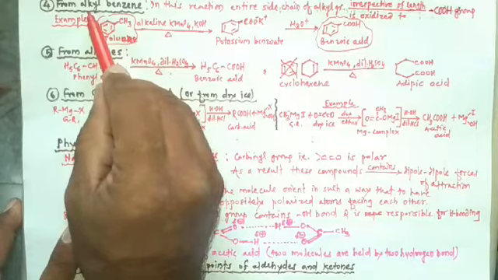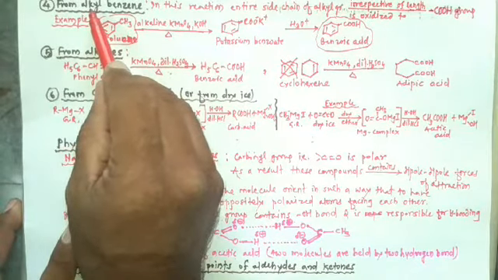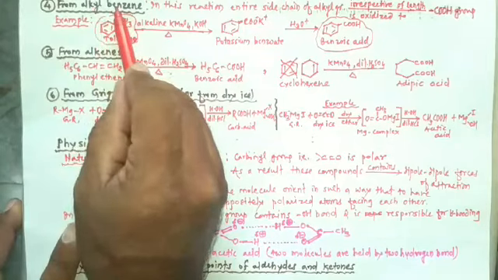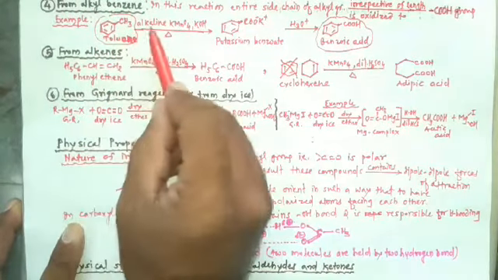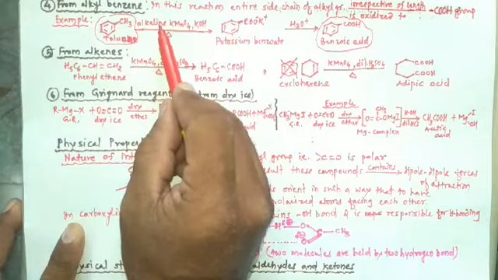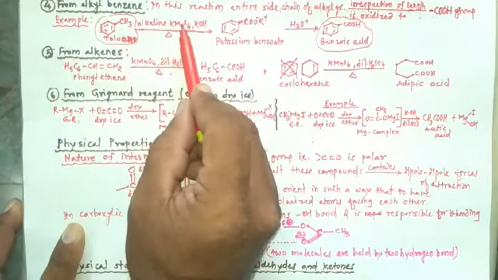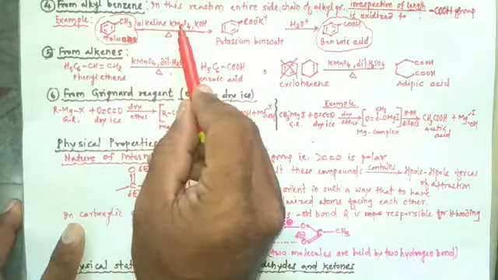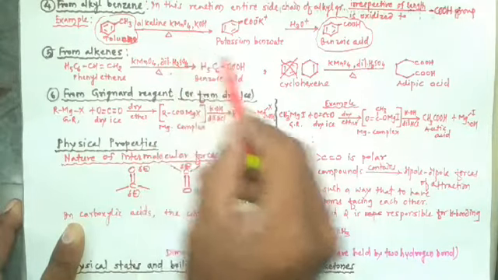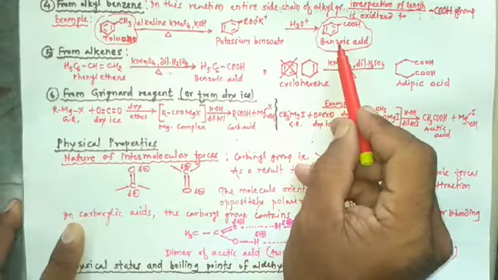I am going to repeat once again. We are studying the preparation method of carboxylic acid from alkyl benzene. Alkyl benzene is reacted with a strong oxidizing agent like alkaline or acidic KMnO4 or chromic acid or dilute HNO3, and finally it produces aromatic carboxylic acid.